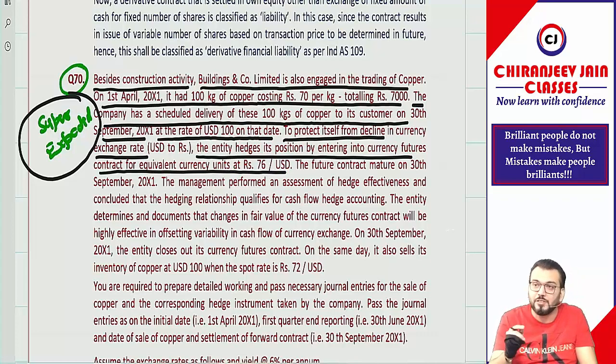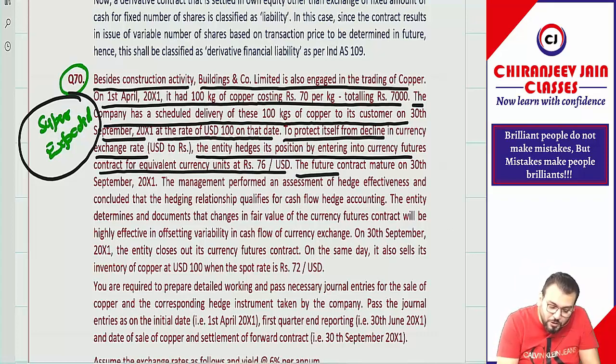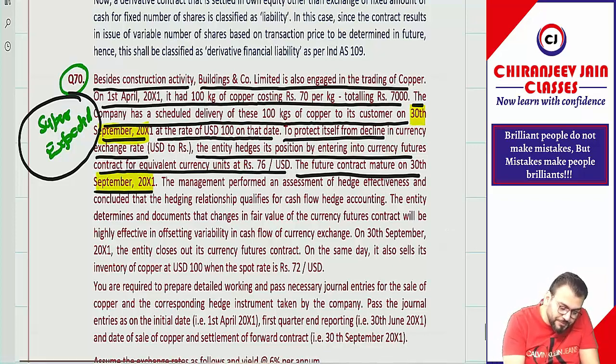It means we need to understand by our own. It will be to buy dollar. The future contract matures on 30th September 2001, and the scheduled delivery date was also 30th September 2001.